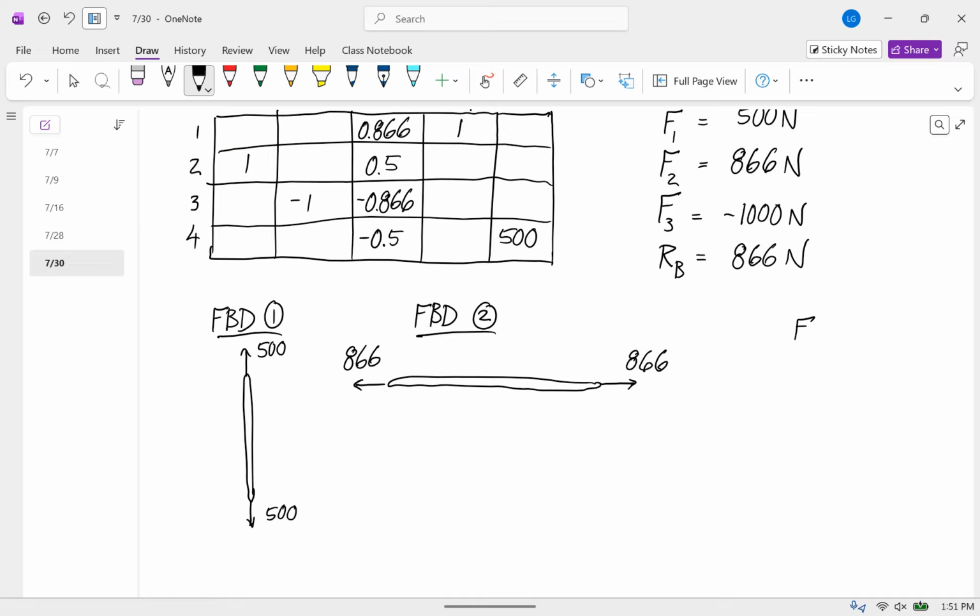And then last, the free body diagram of member 3. That's the diagonal one. This has a value of negative 1,000, which means it's in compression. So these two forces go towards each other, and they have a magnitude of 1,000.